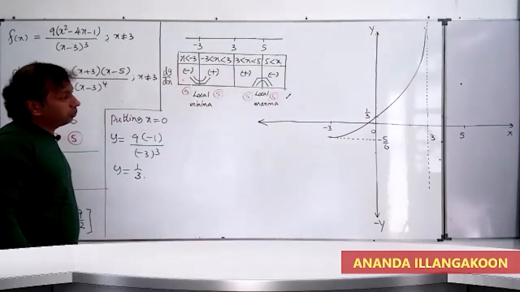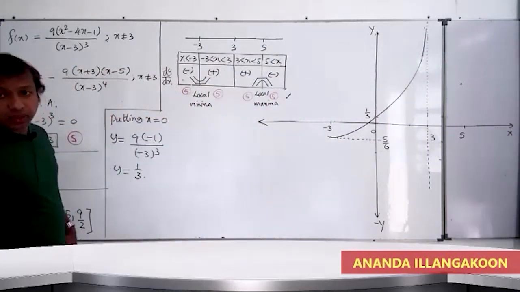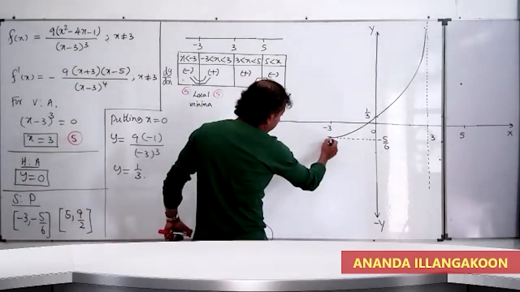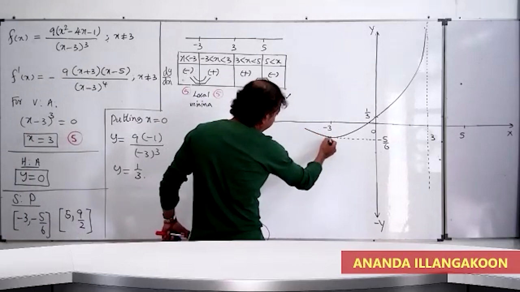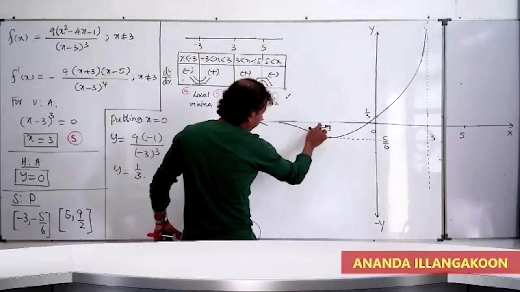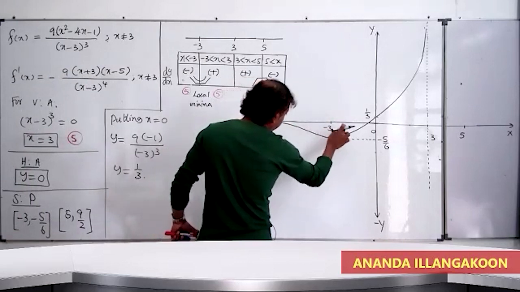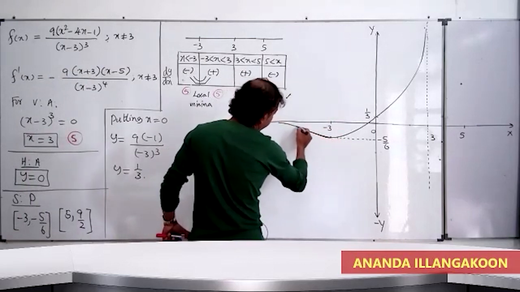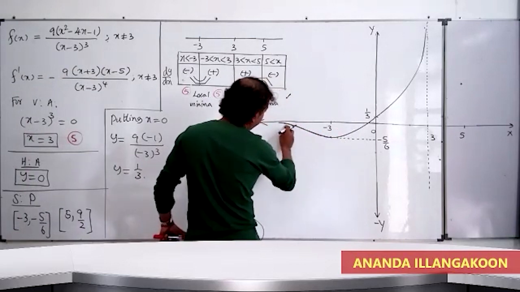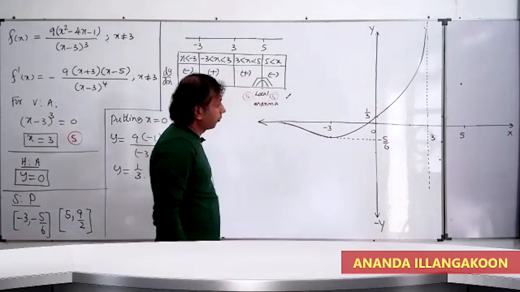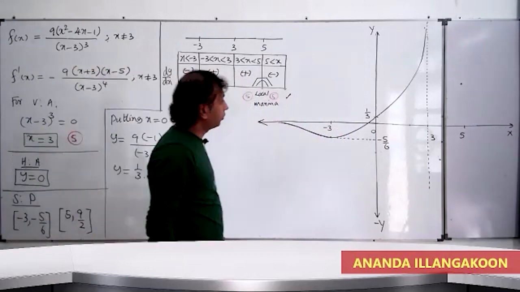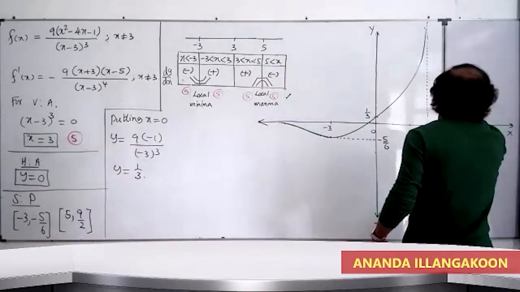Right. Now, there is a horizontal asymptote at y equals 0, this way. Right. Maximum point 9/2. 9/2 is here.